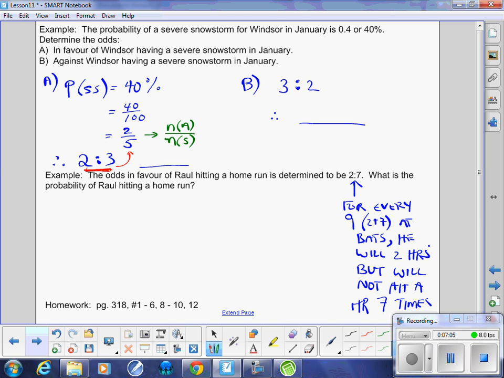So he's only going to be successful 2 times, and he's going to fail the other 7 times. So all I did was translate what that meant.